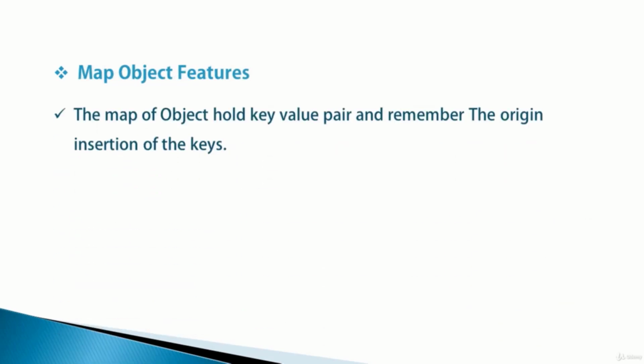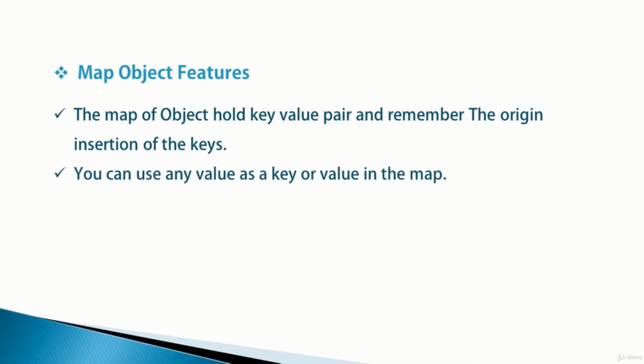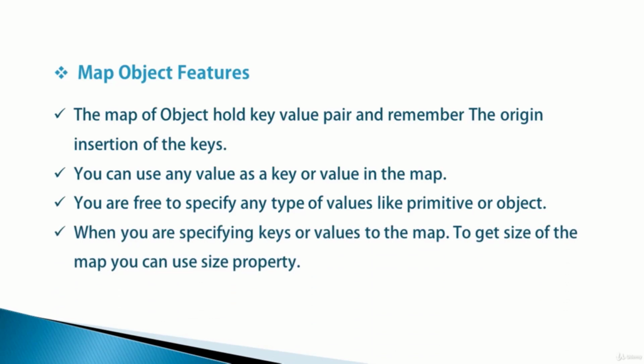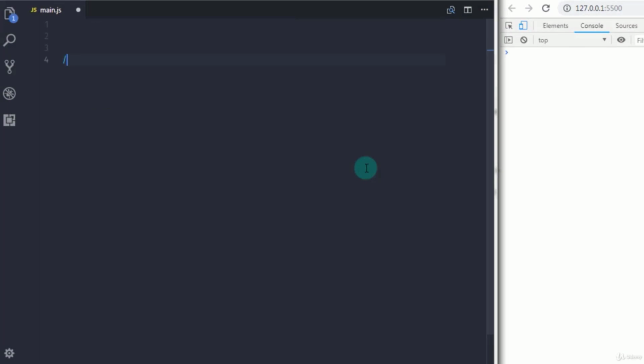So, the Map object addresses these shortcomings. The Map object holds key-value pairs and remembers the original insertion order of the keys. You can use any value as a key or value in the map. You are free to specify any type of values, like primitives or objects, when you specify keys or values for the map. To get the size of the map, you can use the size property.